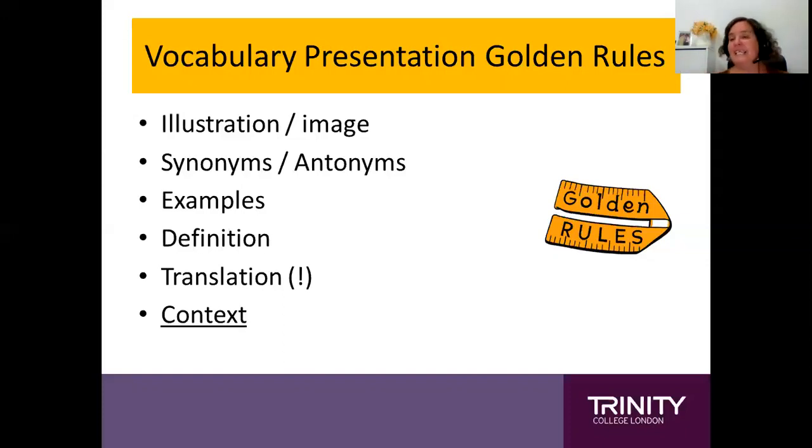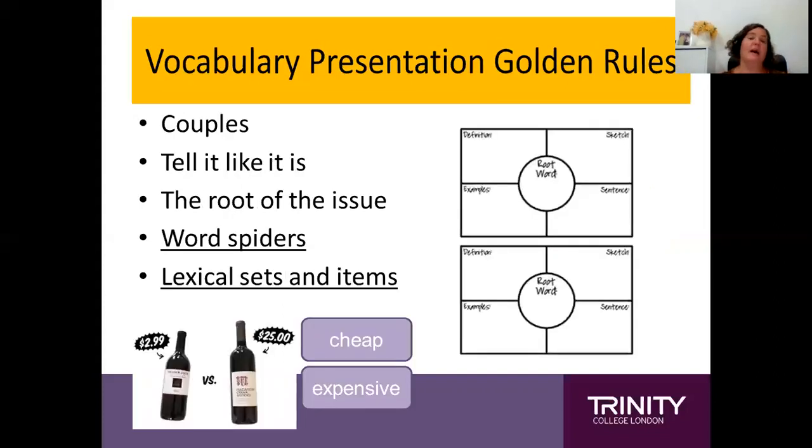And what I have highlighted here is how important it is that whatever way we use to introduce vocabulary, we never forget it is critical that we contextualize the presentation of vocabulary. When introducing vocabulary, both in face-to-face lessons and also remotely, I love using couples. And when I say couples, I'm talking about working with word association.